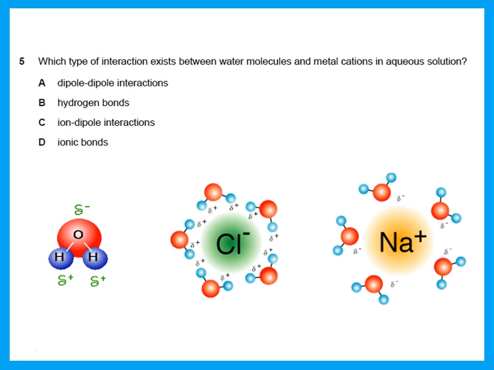If I'm talking about the cation, the positive ion, then the negative end of water will be attracted to the positive ion. The positive end of water will be attracted to the negative ion, and that will separate the ions and cause it to dissolve. So this kind of interaction is called ion-dipole interaction. We have positive and negative ions with the dipoles of the water molecules.